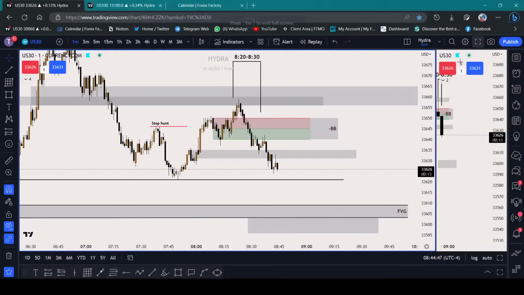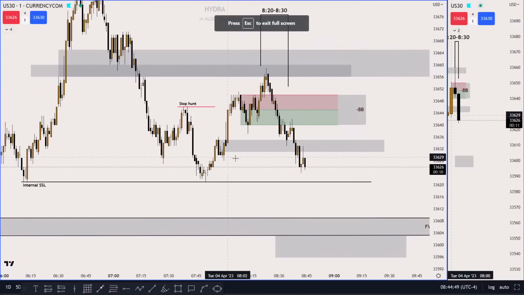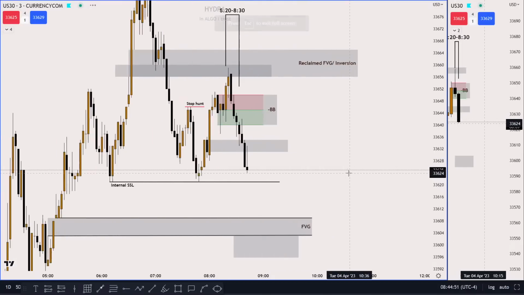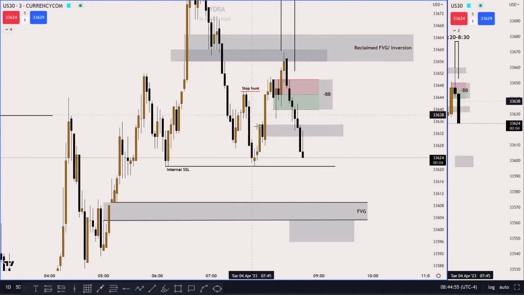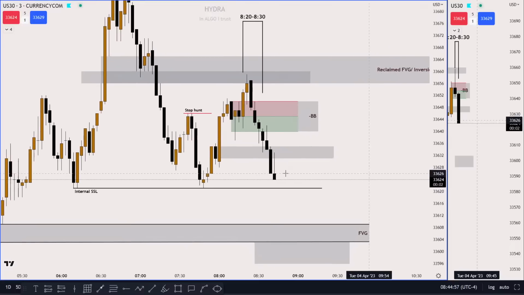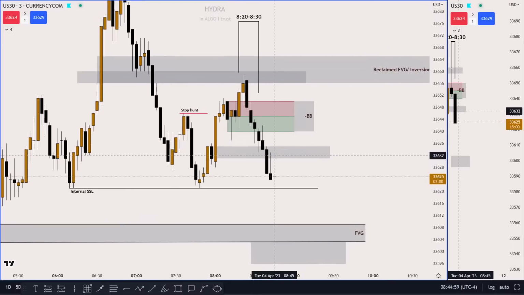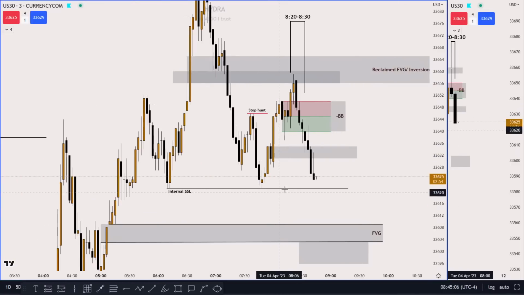Okay, what did I tell you? I told you that I want to see this order block not supporting price towards the upside. And what did price do? Look at this candle. These candles came all the way up to this order block and hit this order block. And now it's moving towards the internal sell side liquidity that I told you.